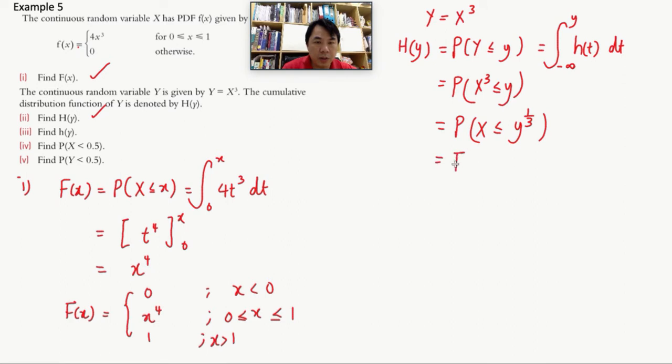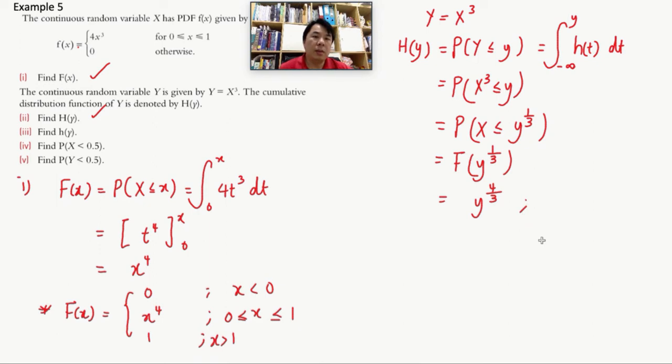Therefore, we can write this as the distribution function for x, substituting this as our input. Based on this distribution function, we know that this one must be y to the power of 4 over 3.